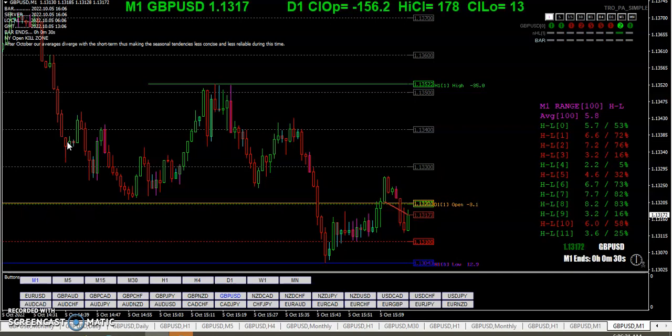So, for instance, if you look at the 1 minute chart from the beginning of this hour, the first candle on the hour was a good bull candle, and then we had a bear candle.